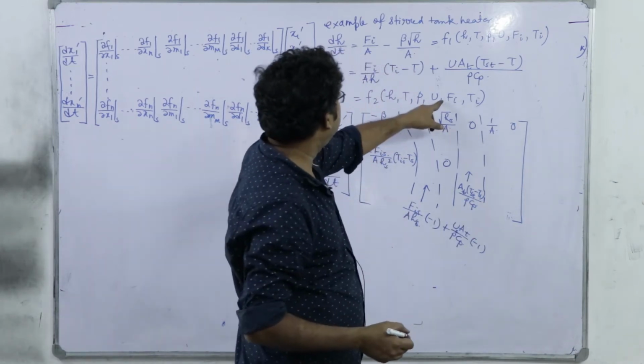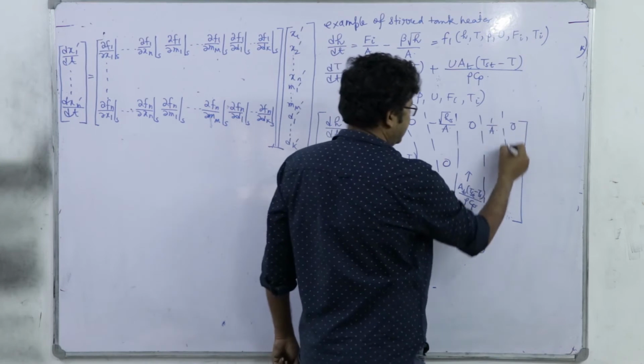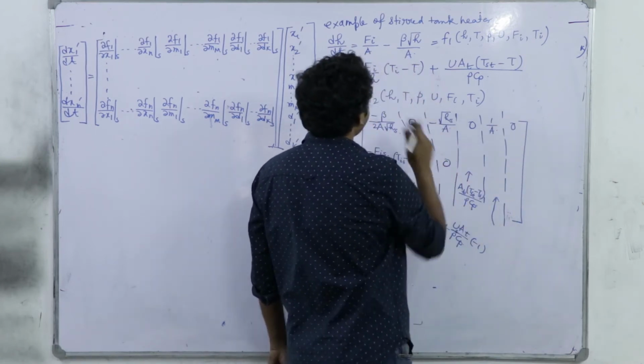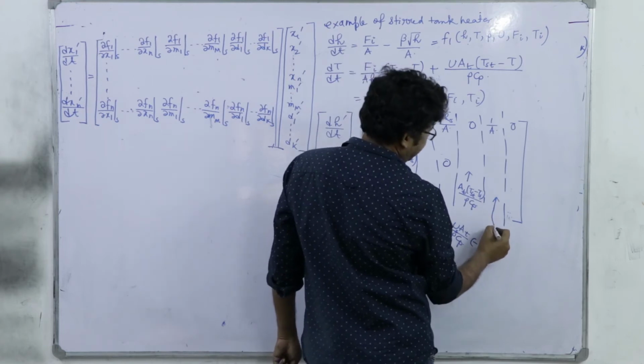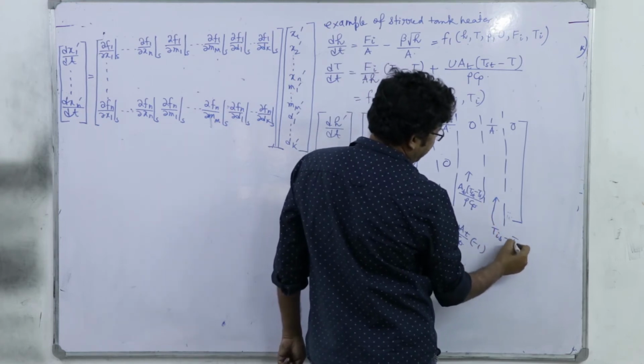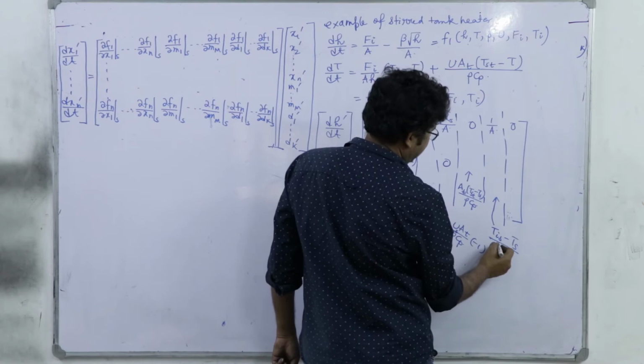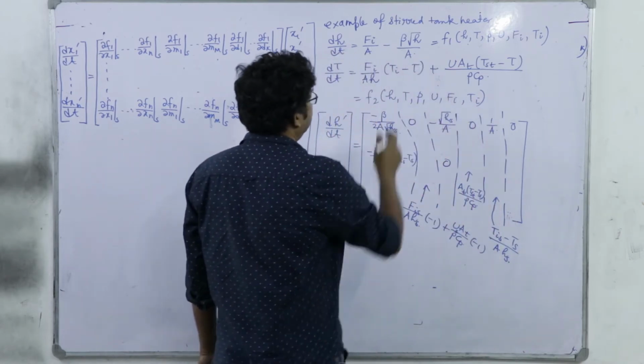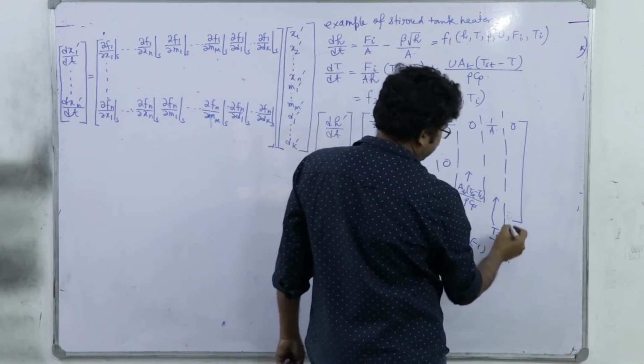Okay. Derivative with respect to Fi will be Tis minus Ts divided by A into Hs, and derivative with respect to Ti, definitely it is here.